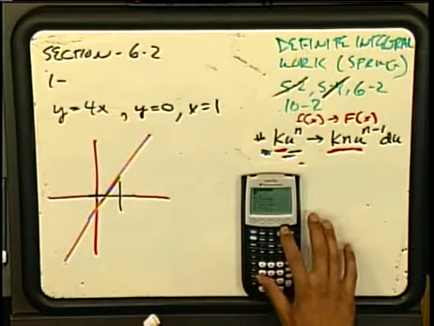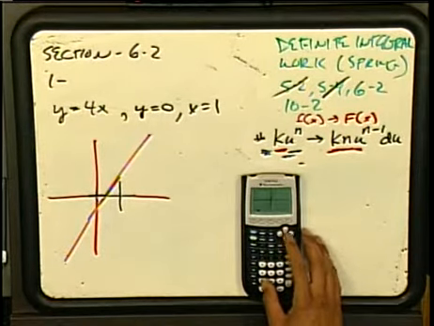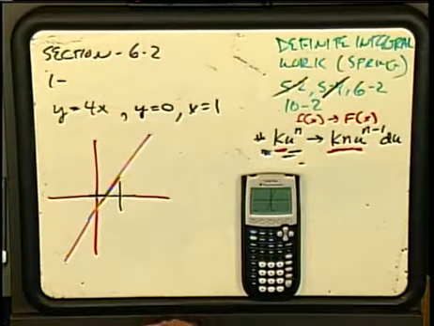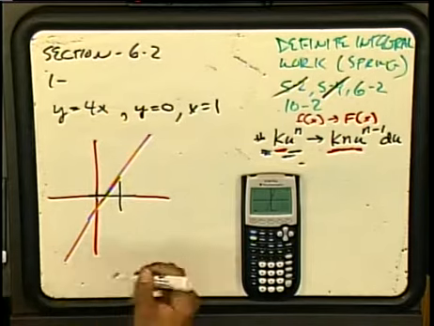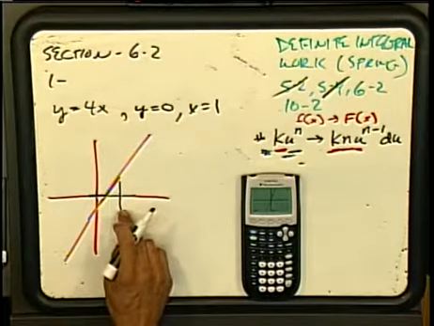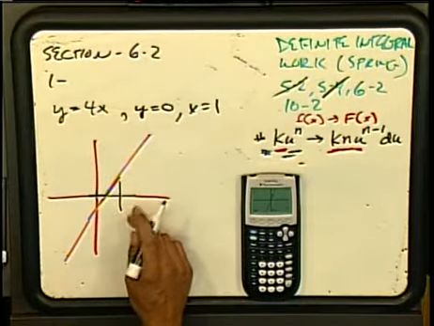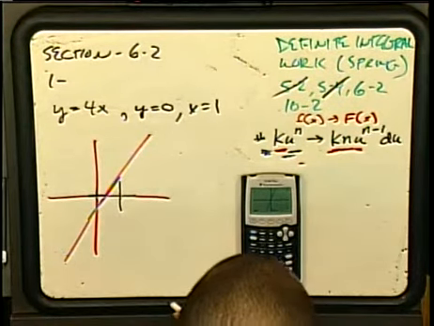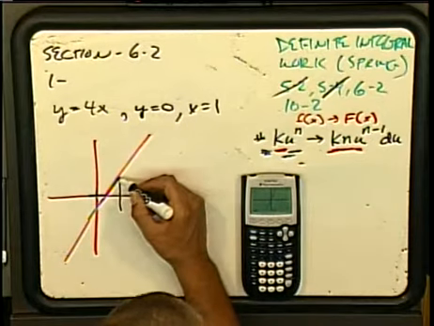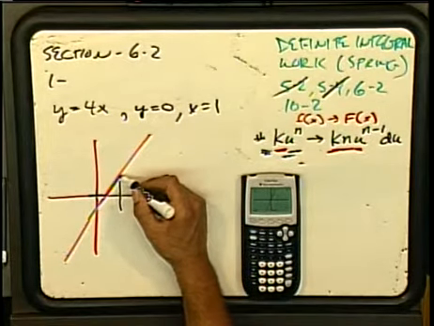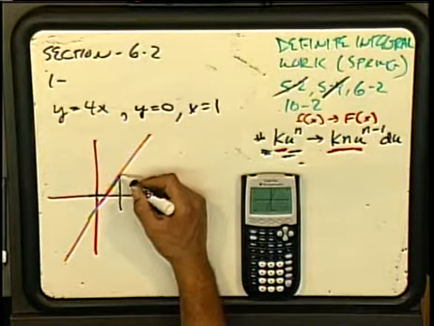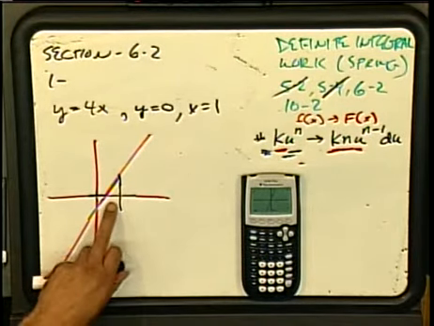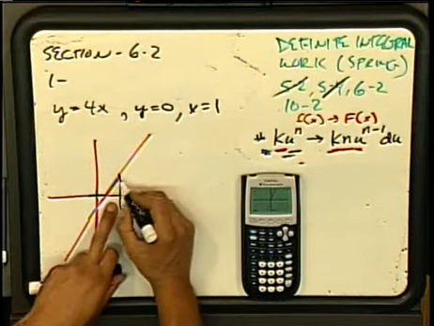Let's find out where 1 is. X equals 1. So x is about right here. So, you see the area that we're looking for?